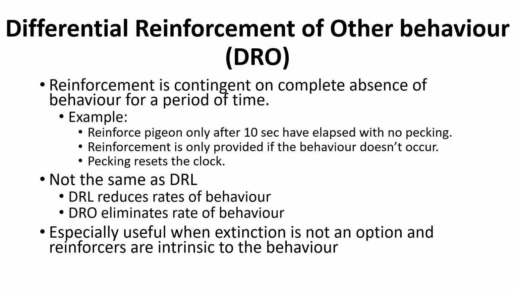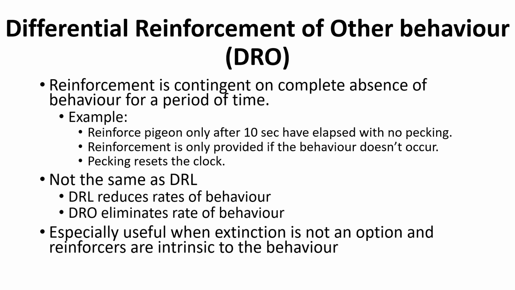And as a result, we're going to reinforce them basically doing anything but the problem behavior. You can sometimes see this called differential reinforcement of zero responding, because we're looking for a lack of that defined behavior. So a lack of the problem behavior, or the lack of whatever it is we're trying to reduce.